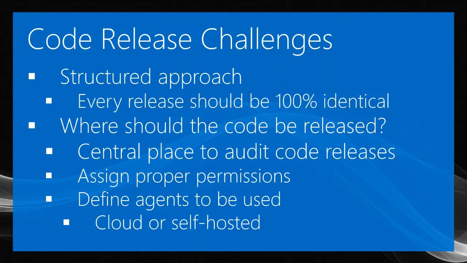It's normally not a good idea to release code directly from your notebook, because if my teammate releases the same code from his notebook, the result might not be 100% the same, because there might be environment variables that are different on my box compared to his box, and we definitely don't want that. So we want a structured and 100% identical approach whenever we release code.